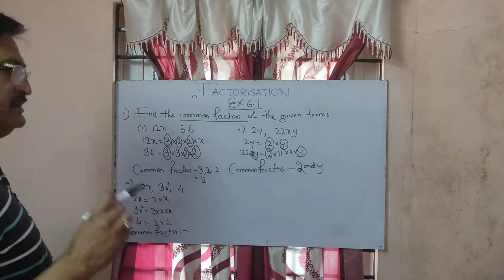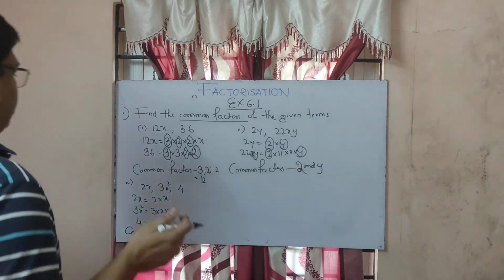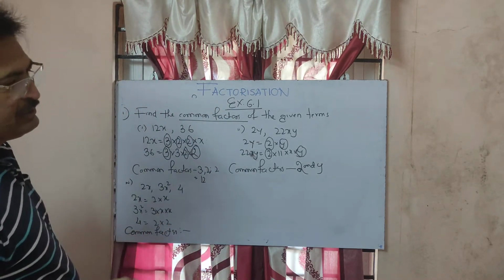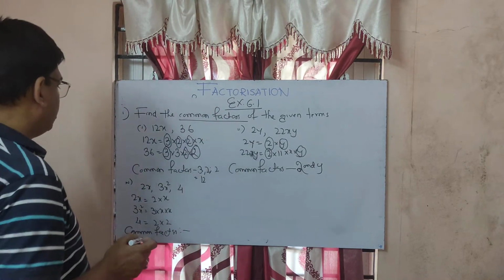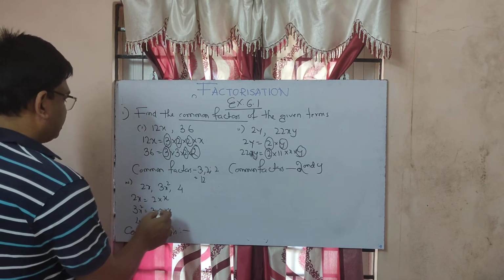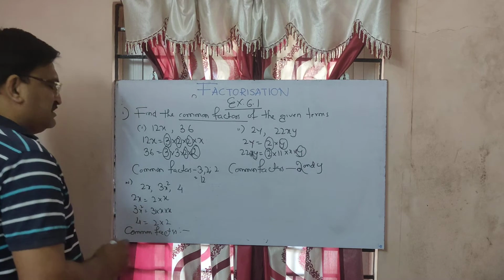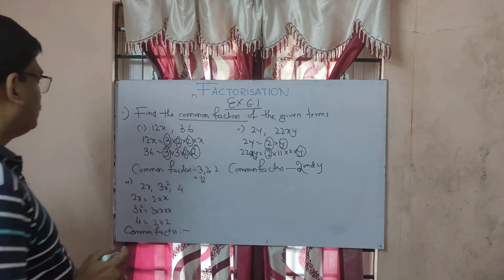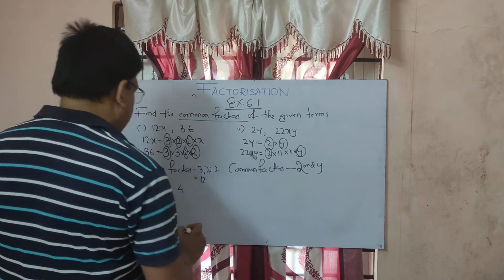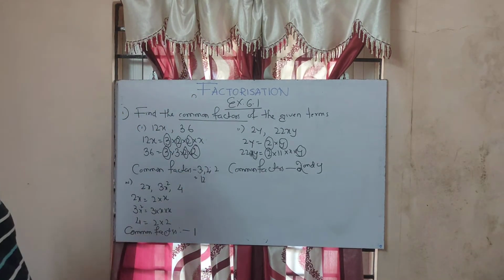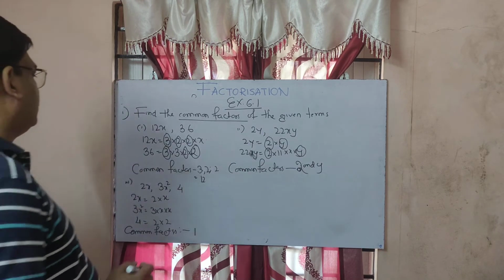If a number is not present in any term, then it is not going to be a common factor. 2 is here, 2 is not here, 2 is here. x is here, but x is not here. So no number is common in all the terms. If nothing is common, then 1 will be the only common factor.